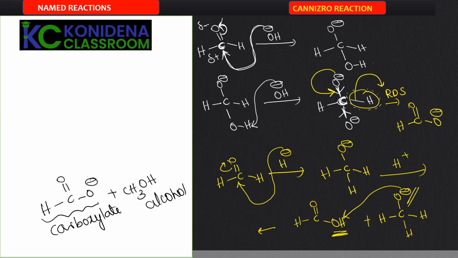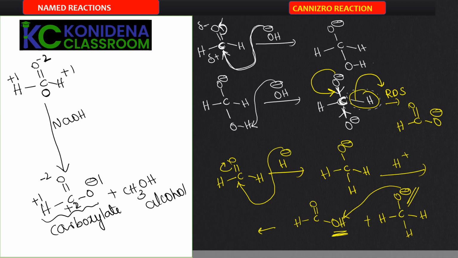If you see the starting reagent, HCHO, these are the products obtained on reaction with NaOH. What is the oxidation state of carbon here? It is 0 in the starting material. In the acid product it is +2, and in the alcohol it is -2.